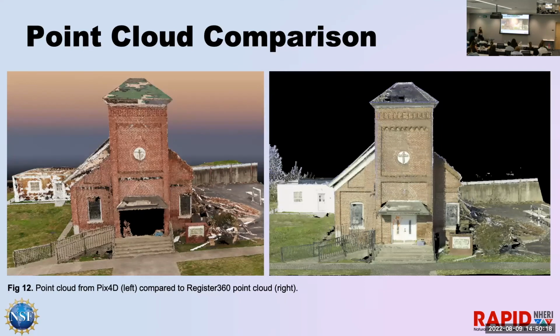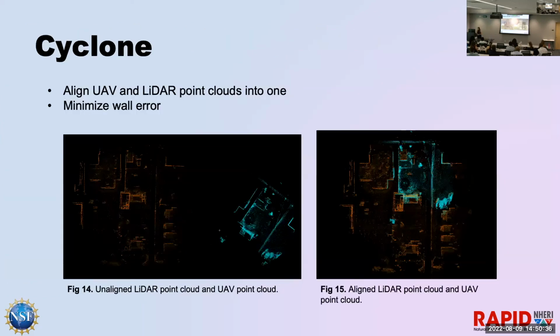You're able to see the differences in what they're able to collect. Again, there are gaps in the data under the overhang on the drone point cloud. And on the right, you can see part of the roof in that tower you can't really see. That's where the gaps in the LiDAR data come in, just because they're ground-based.